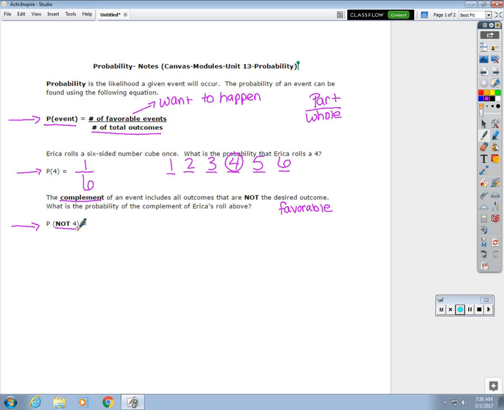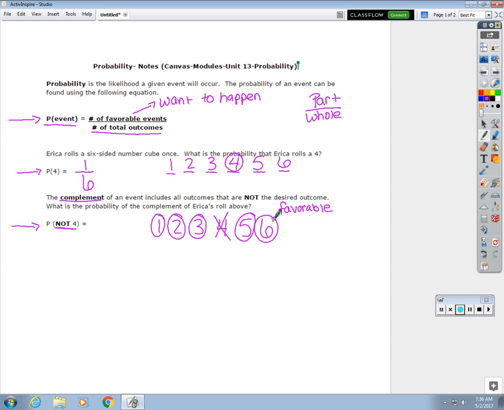I'm going to list out the sides of our die: 1, 2, 3, 4, 5, 6. We do not want to get a 4, so I'm going to mark that out. So we could get a 1, 2, 3, 5, or 6.